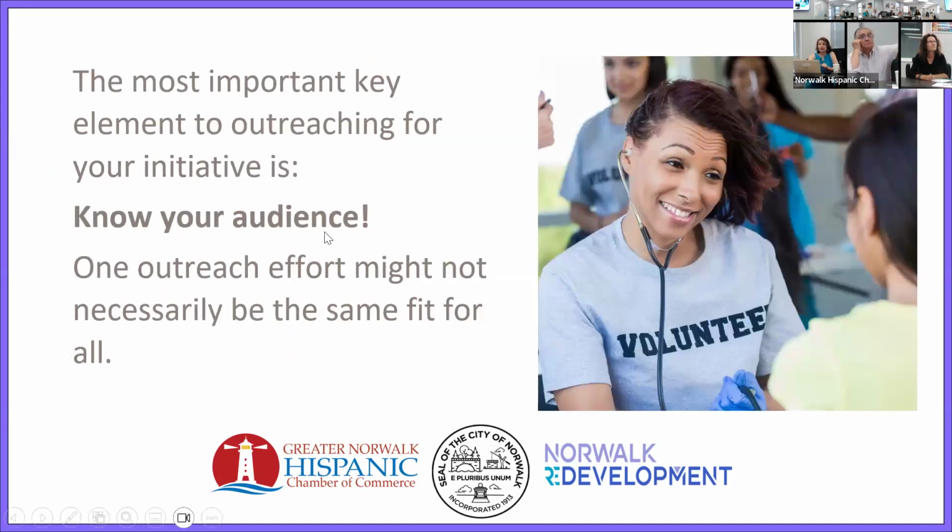So I think the most important key or element for your outreach and for your initiative is that you know your audience. One outreach effort may not work for everybody. And I'm going to repeat it again later on: we can't be all things for all people.